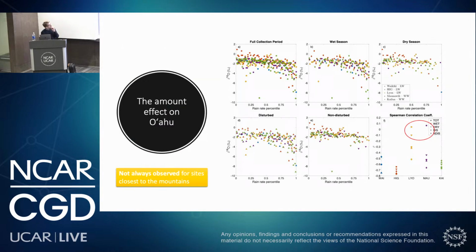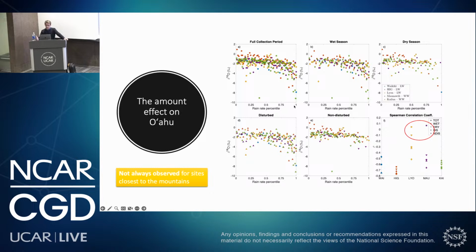So here, these are a lot of plots, and so let me guide you through them. If we look at the top left, the different colors indicate the different sites, and the vertical axes represent the isotopic composition of the rainfall, and the horizontal axis represents the rain rate at different sites.